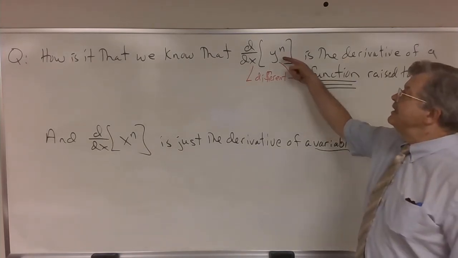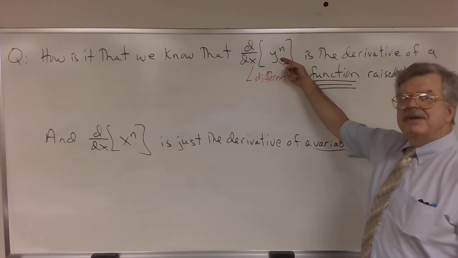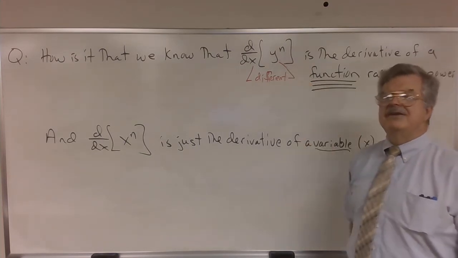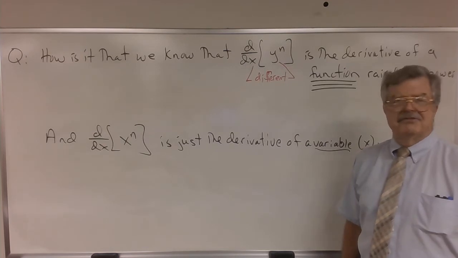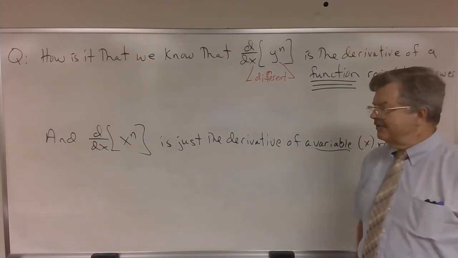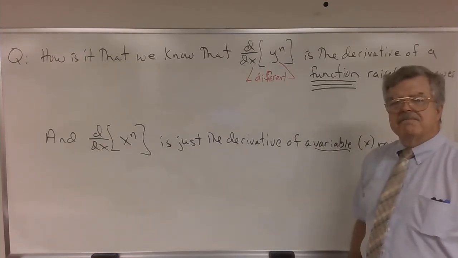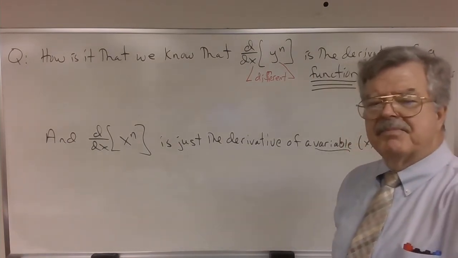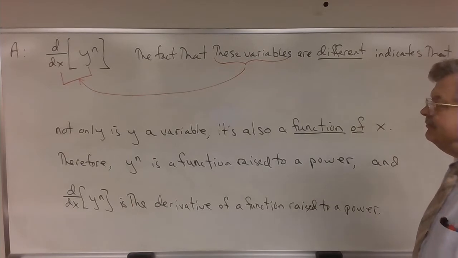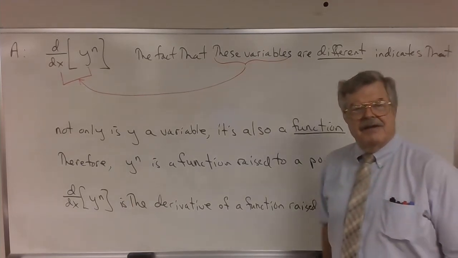And that's how we know to look at this as being a function raised to a power rather than just a variable raised to a power. So let's write that out. That's worth noting. So here we have it written out.